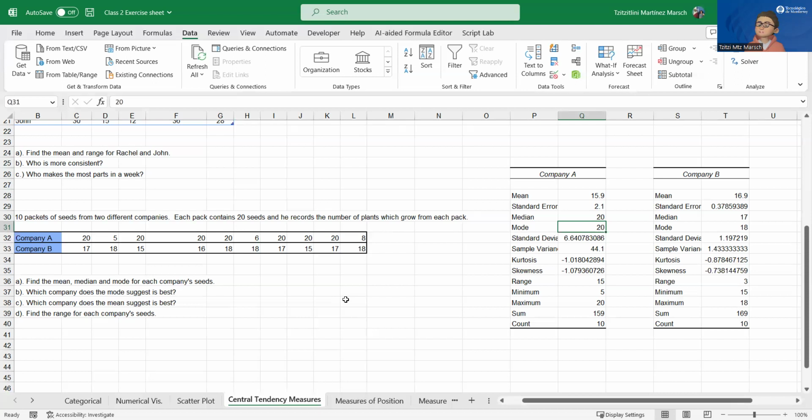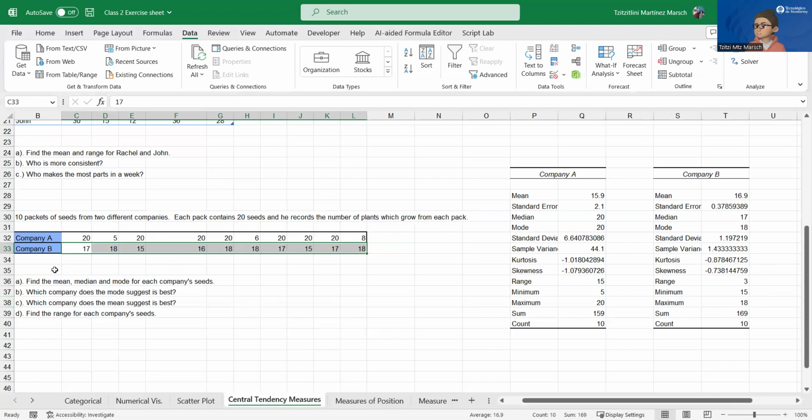So this is one of those examples where the mean is probably telling me that company B is the best. But if you see, it is consistent because the range is 3. Consistently, each packet is not yielding 100% of those seeds. It is growing a little bit less.